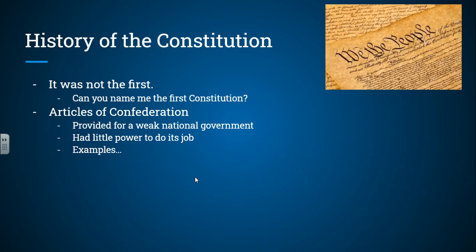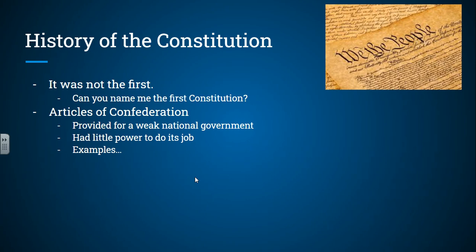So your largest state, your smallest state, regardless of their size, would have the same amount of votes in Congress. So there were some issues there in terms of what one state represented in terms of population as opposed to another, that not being really equal.